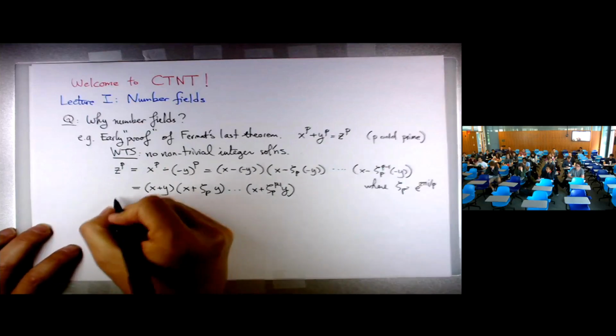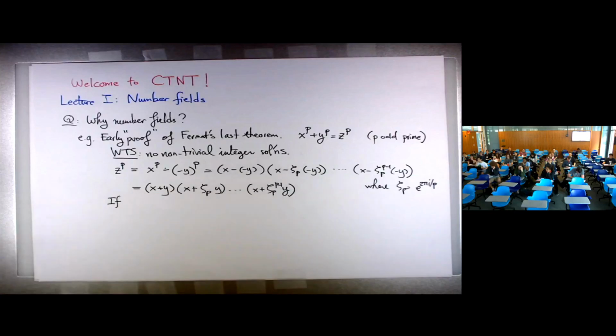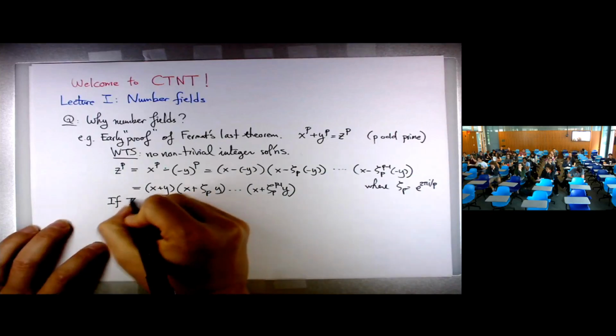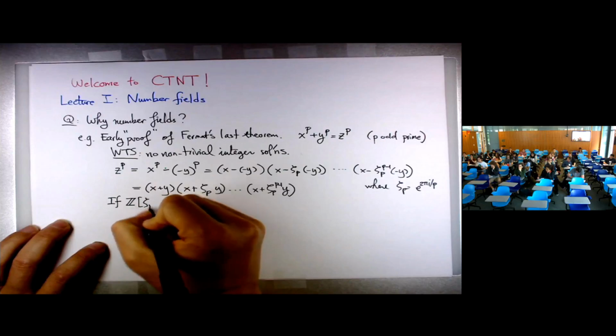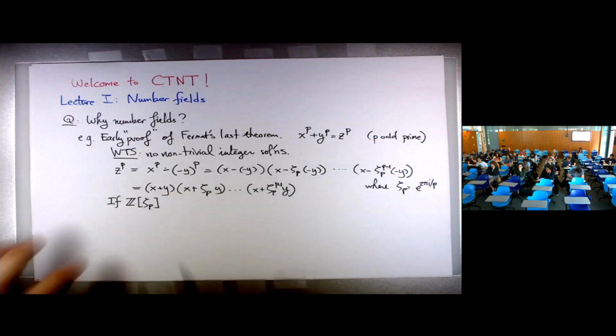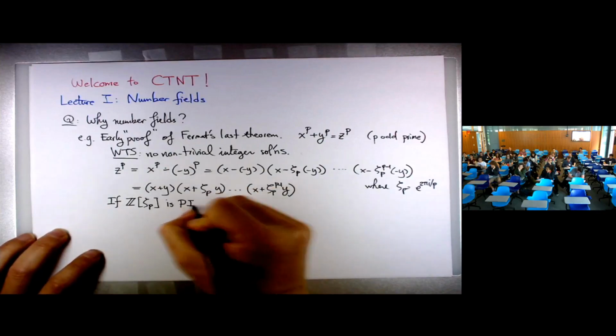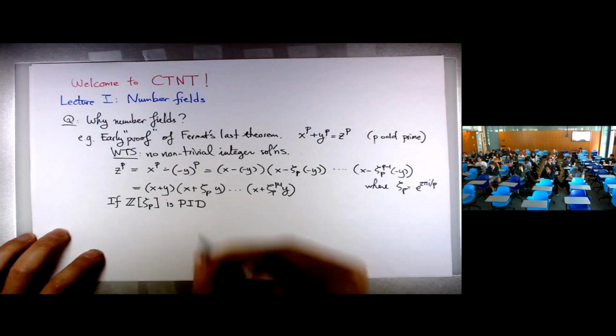Let's make a naive observation to see why this helps. Suppose, which is a big if actually, that if you adjoin zeta p to the integers, which gives you a ring, this is a principal ideal domain, PID.